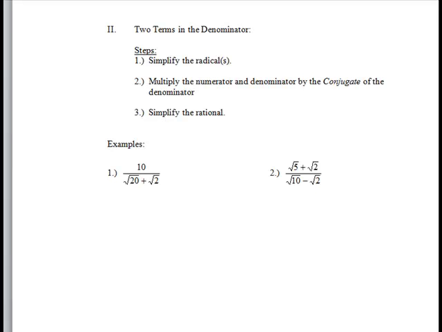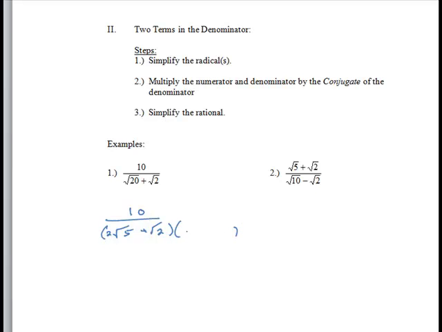And then, of course, simplify the remaining fraction or rational. So example 1, we have a fraction, nothing reduces or cancels out, but we can simplify one of those radicals. That square root of 20 becomes 2 square root of 5. But that's about it. Now it's time to get rid of the radicals. Obviously, we have two terms in the denominator, so multiply by the conjugate of the denominator.